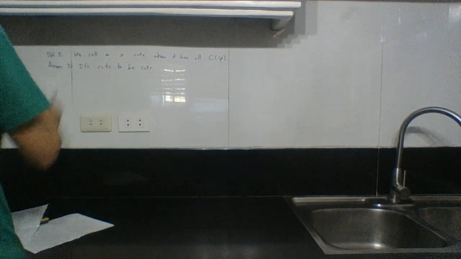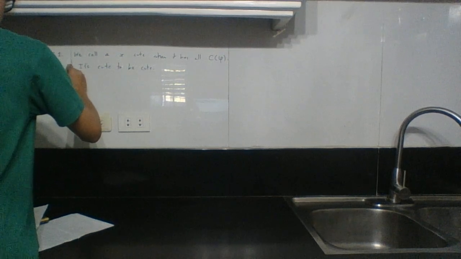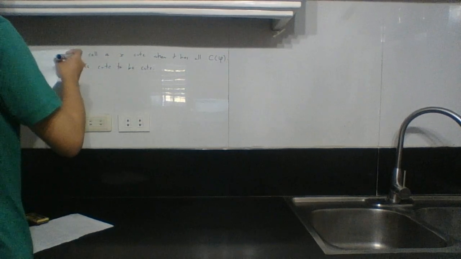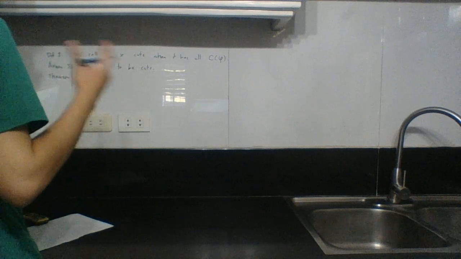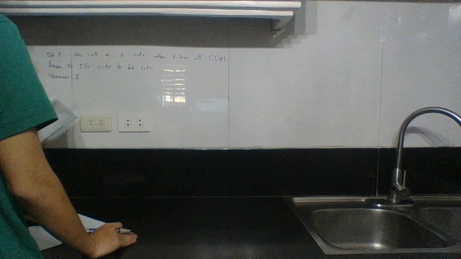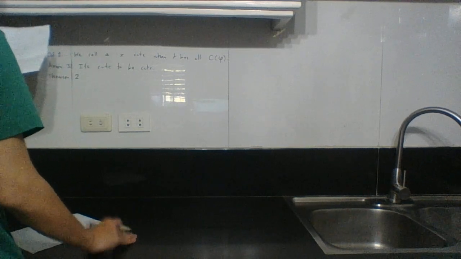Okay, so using these, let's make another theorem. Theorem number 2, which is called no atheism in the original proof that Kurt Godel made, but here we will call it no anti-cuteness.